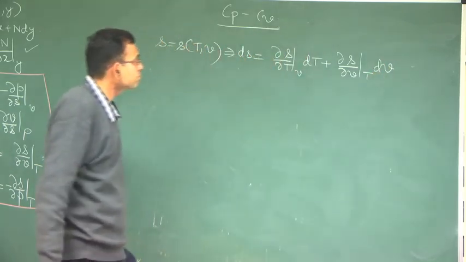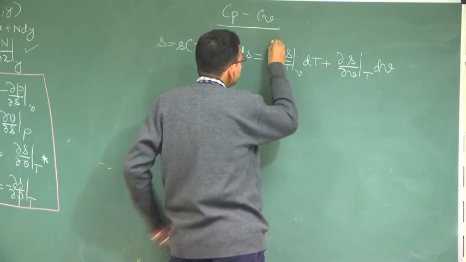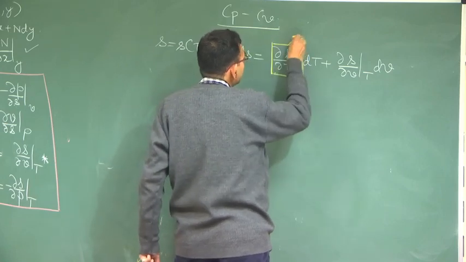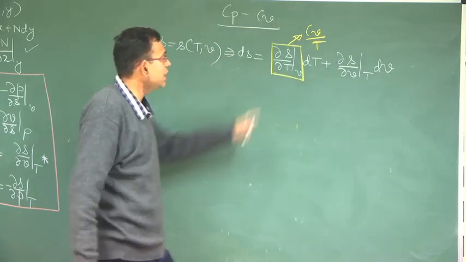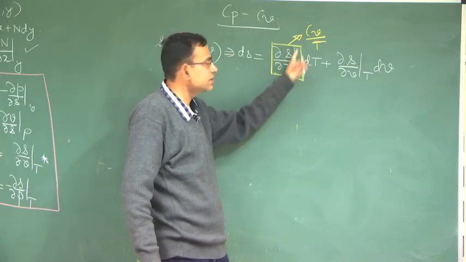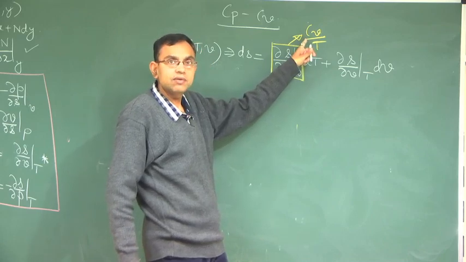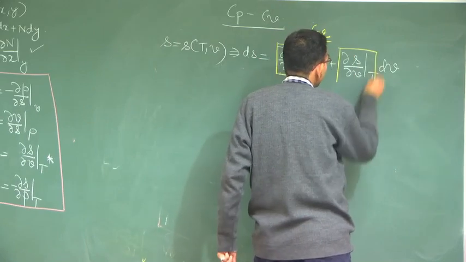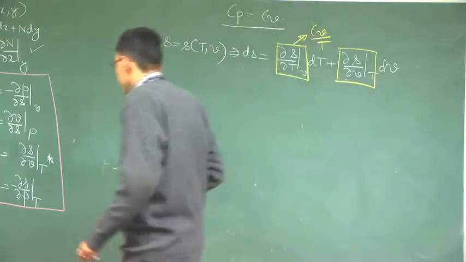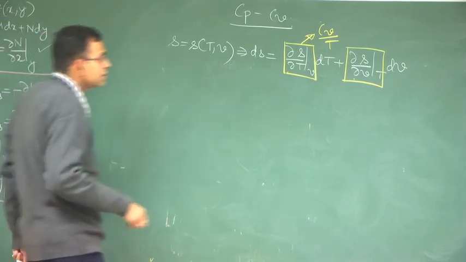Just now we have done a derivation which tells that T del S del T at constant volume is Cv, so this is Cv by T, and this one from one of the Maxwell relationships, the star marked Maxwell relationship, is del P del T at constant volume.